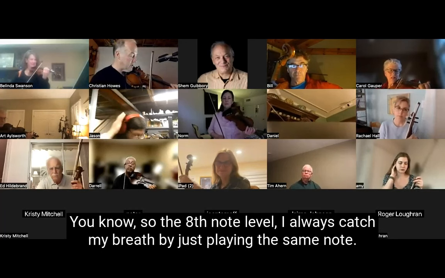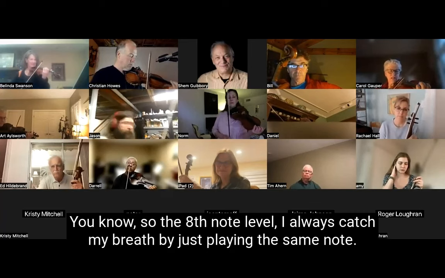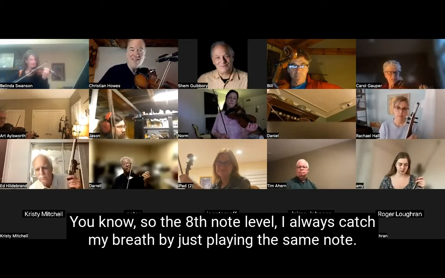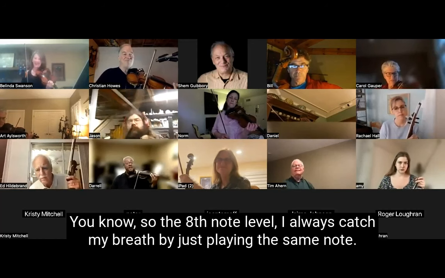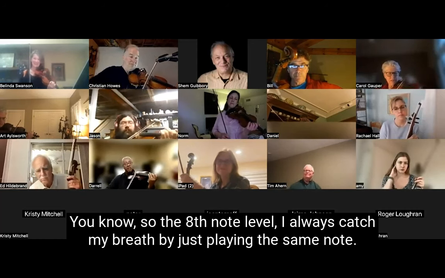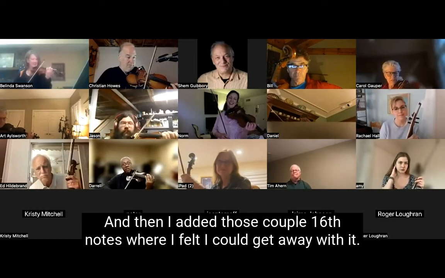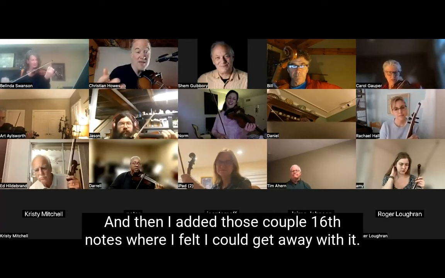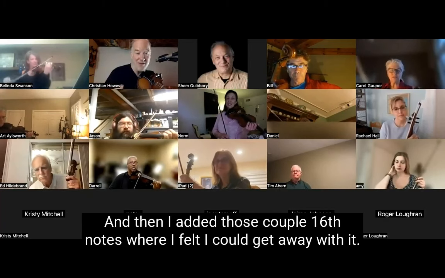So the eighth note level. I always catch my breath by just playing the same note. And then I added those couple 16th notes where I felt I could get away with it.